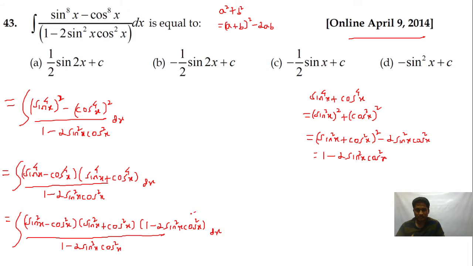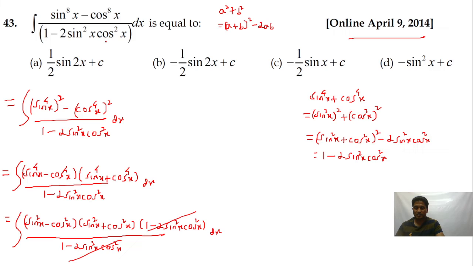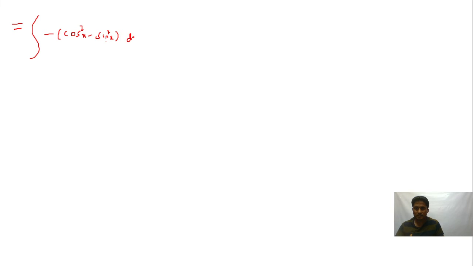This will get cancelled anyways. Sine square plus cos square is 1. Sine square minus cos square, I'm going to take minus common, so this becomes cos square minus sine square. Anyways that will get cancelled. Sine square plus cos square is 1 and then dx.